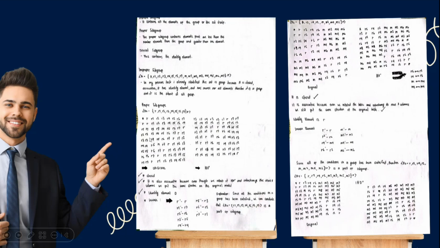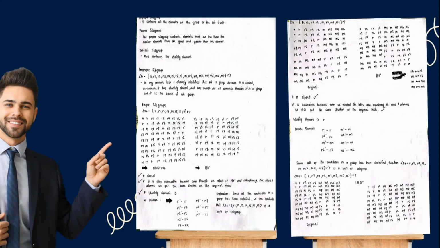In this table, it is closed, and it is associative because even though we rotate it 180 degrees and interchange the rows and columns, we get the same structure as the original table. You can see here that the original table rotated 180 degrees is the same as the original. Since all the conditions of a group have been satisfied, we conclude that A2 is a subgroup.